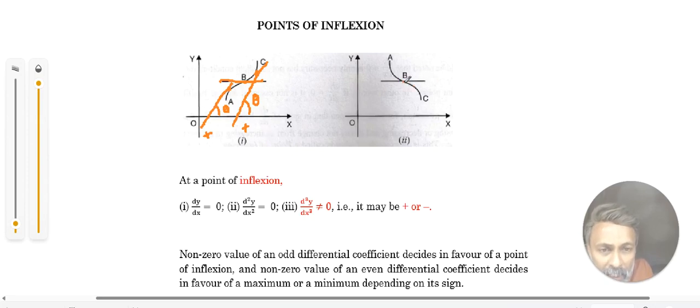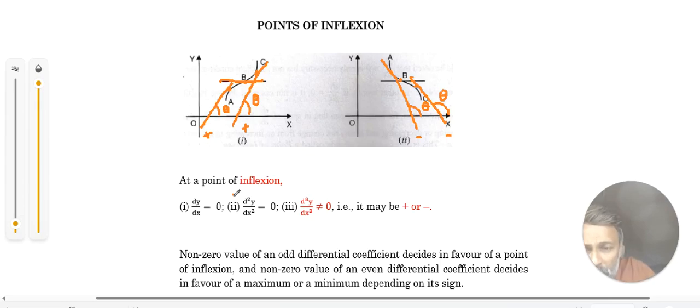Same way, if you would have taken points further after B and drawn tangents, they would have formed obtuse angles, indicating that at both places the derivative would have been negative. So for point B in both cases, the sign of dy by dx is not changing. Such a situation is called inflection.